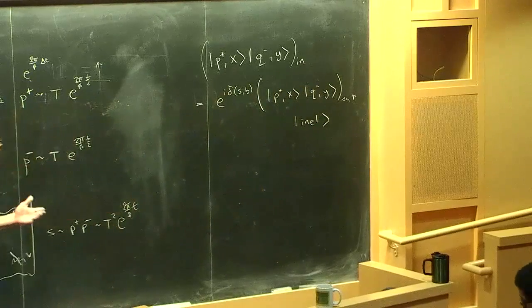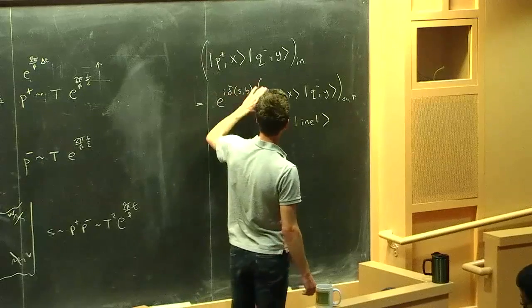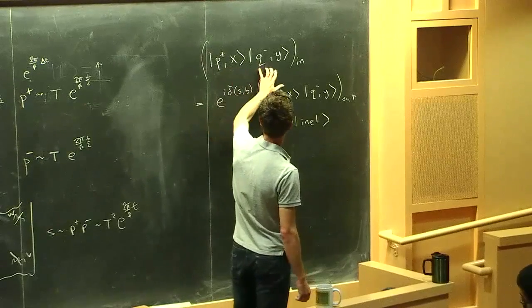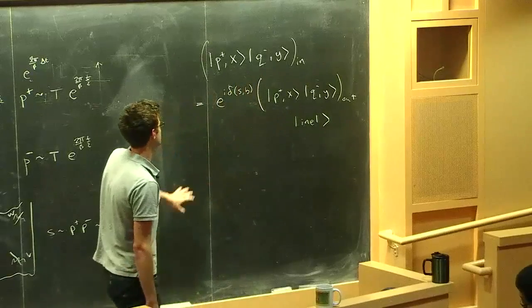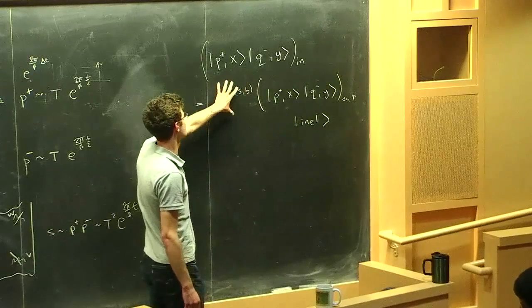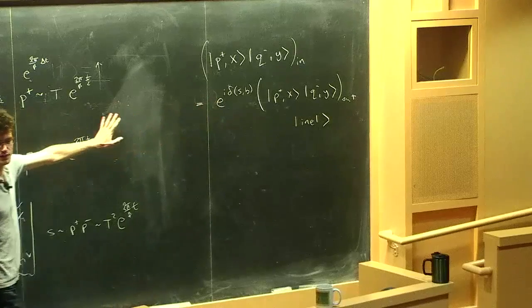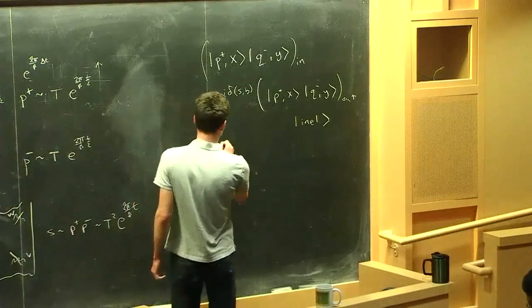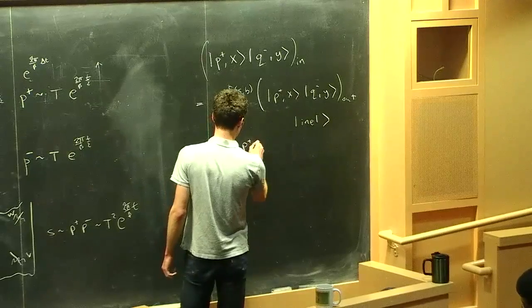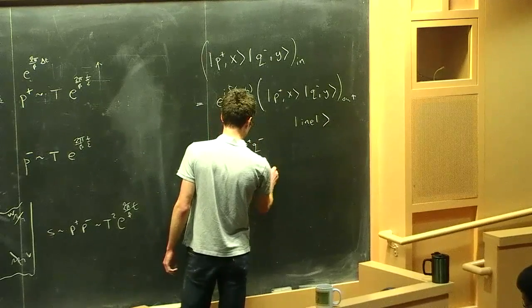So the statement is that in this kinematics, the 2-to-2 part of the S matrix is diagonal in this basis of longitudinal momentum and transverse position. And the S matrix element is this complex number, e to the i delta of S and B, where S is P plus times Q minus, and B is X minus Y.